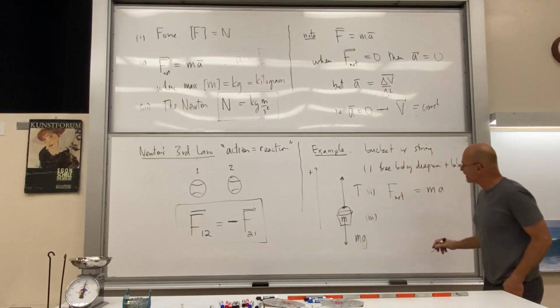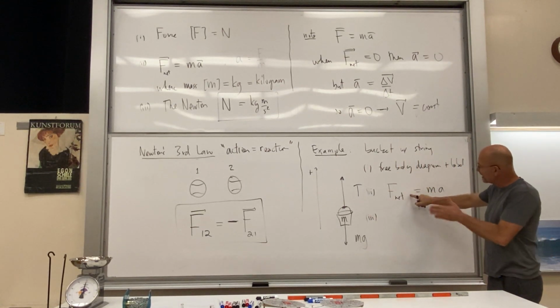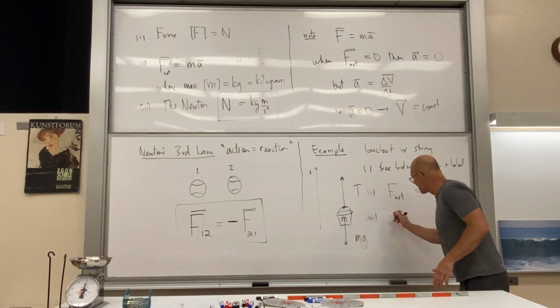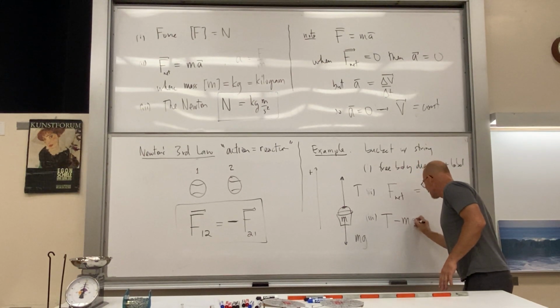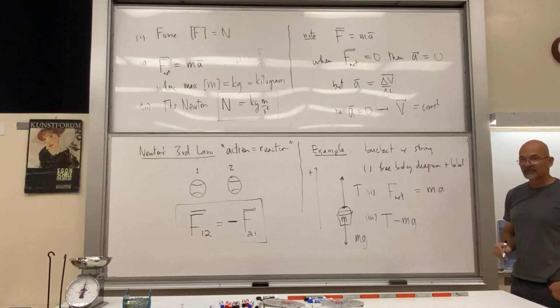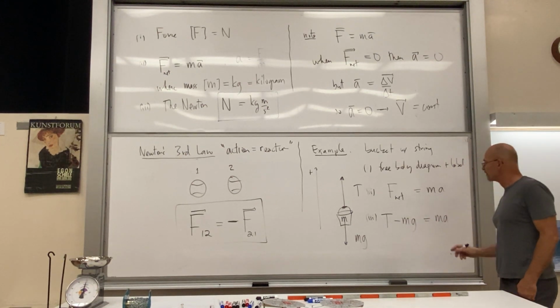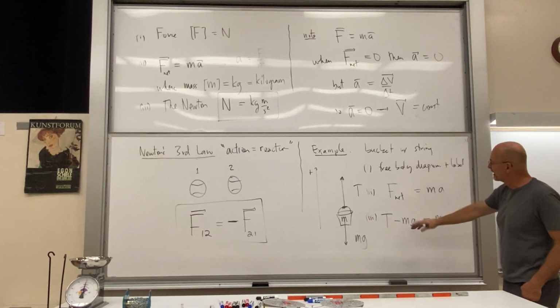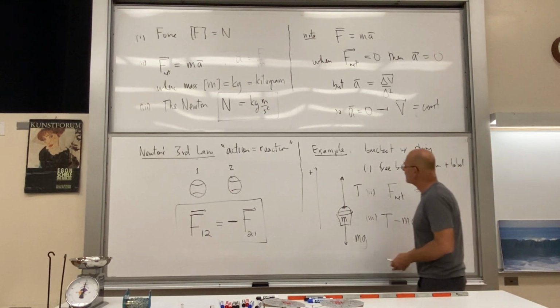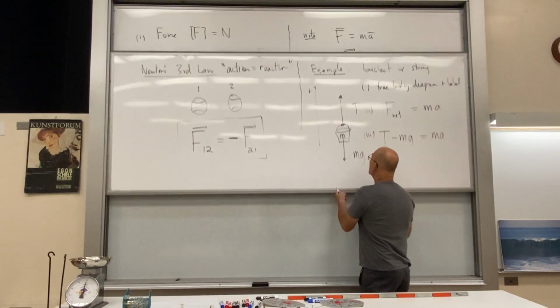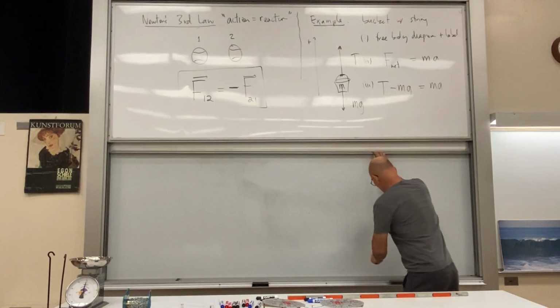Your third step, the left side, the net force is given by the tension pointing up, and a minus sign for the weight pointing down, equals mass times acceleration. So now we've filled in Newton's second law for this bucket problem.